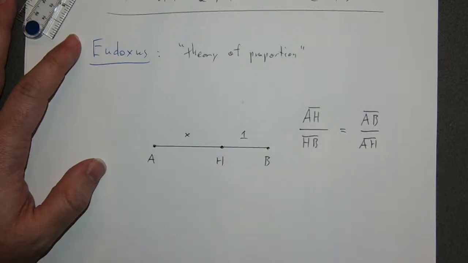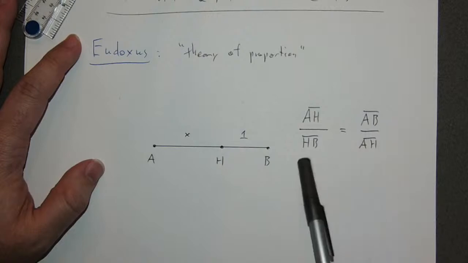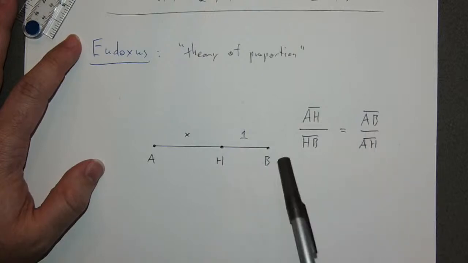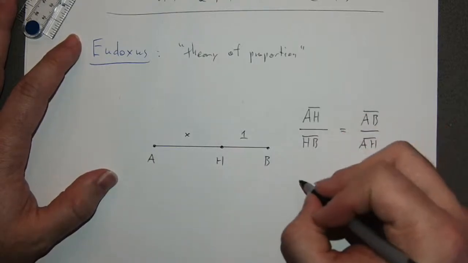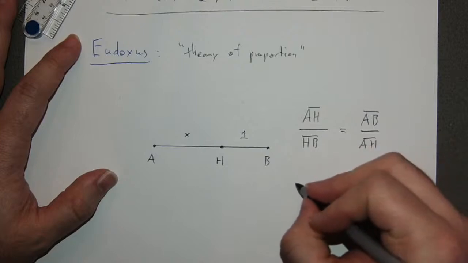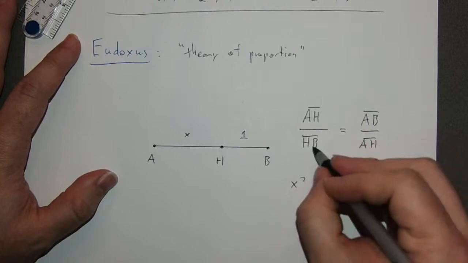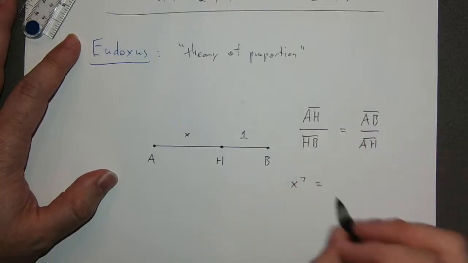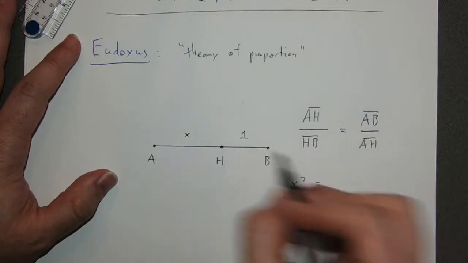Cross multiplying, I would have x squared is equal to HB times AB, but HB is 1, so I would just have AB, the entire length. So x squared is equal to 1 times AB, and 1 times anything is just the thing itself. But what's the length of AB? It's x plus 1.